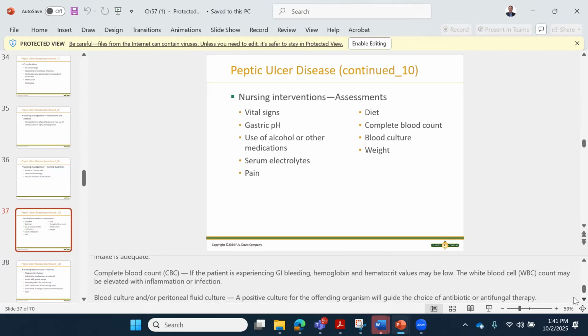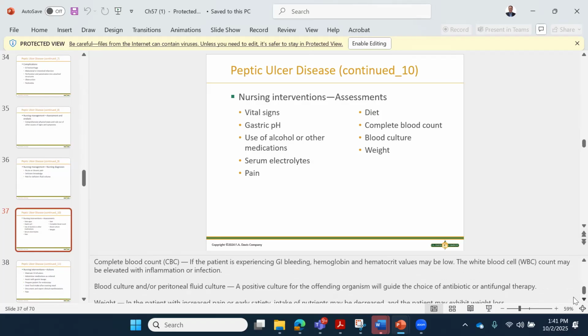The CBC is good to look at to evaluate hemoglobin and hematocrit. And the H&H may be low if the patient has GI bleeding, but remember the hematocrit may be elevated if the patient is hypovolemic.